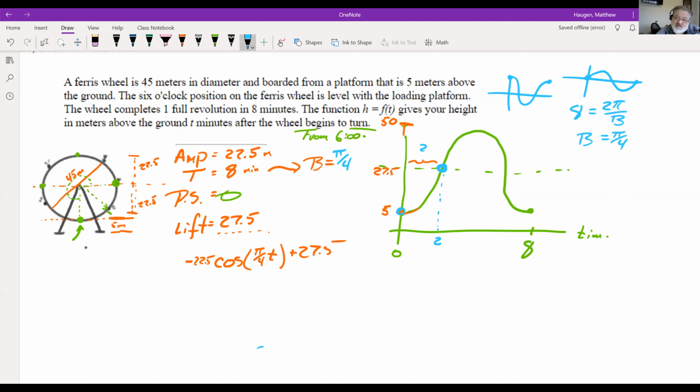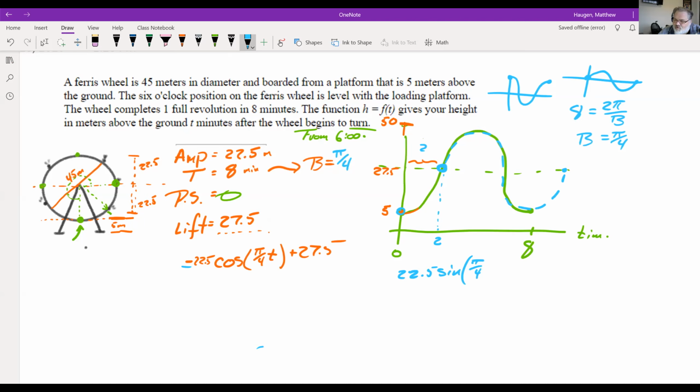And the nice thing, frankly, about that 2-minute phase shift is it would allow our sine to be positively oriented instead of this negatively oriented cosine. So we might like it. And the nice thing is we can do it. We'd have the 22.5 sine. We'd still have a compression factor of pi over 4.